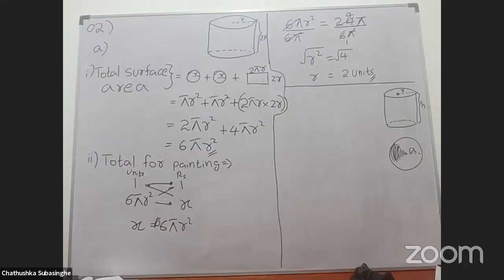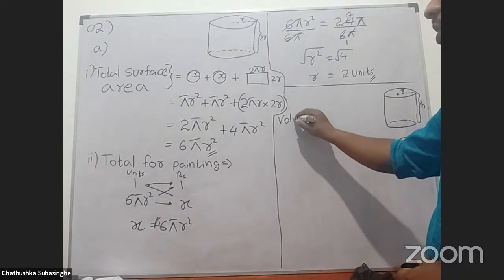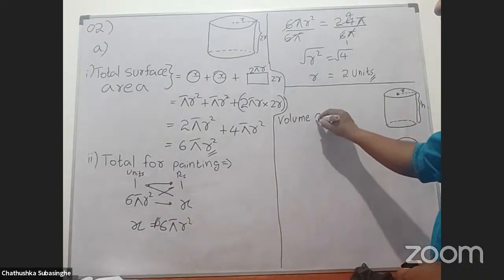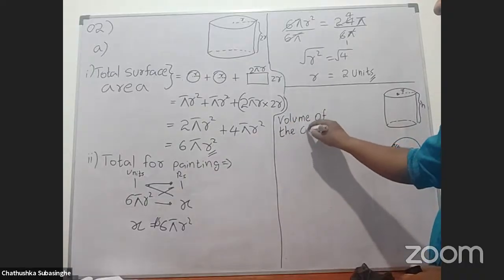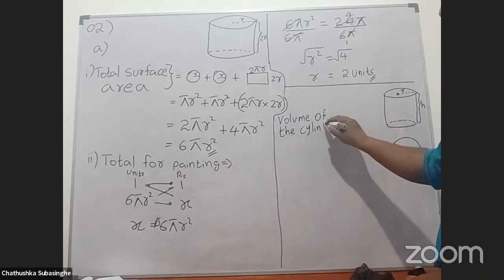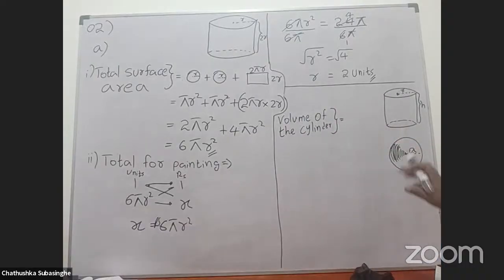If you don't understand that logic, tell me. If you understand that logic, then you can solve any question. What you have to do is separately find the volumes of these. So first I'm going to find the volume of the cylinder.